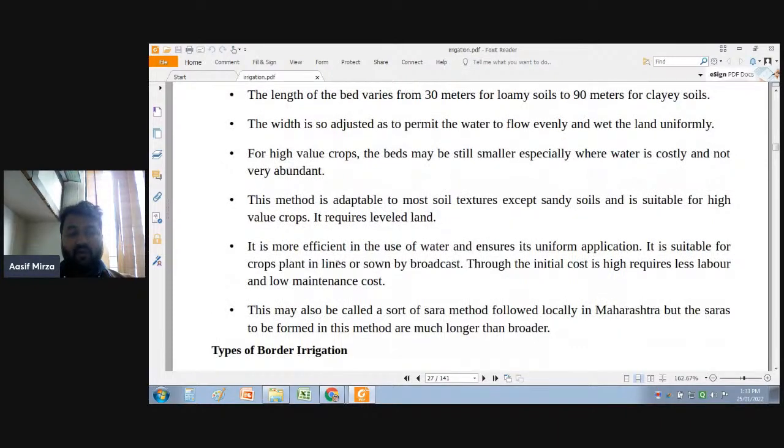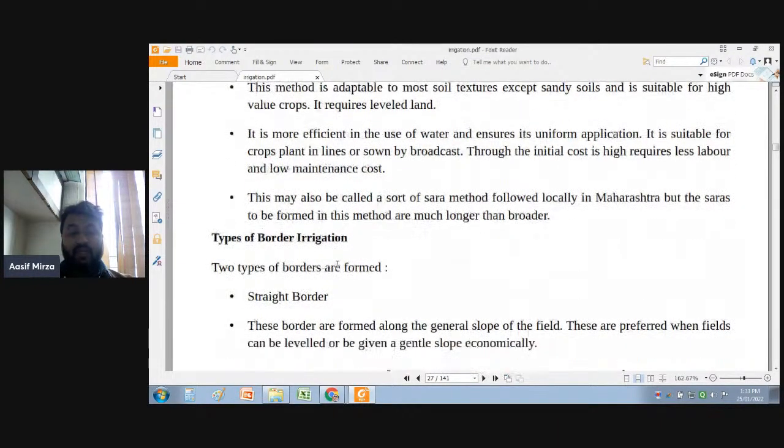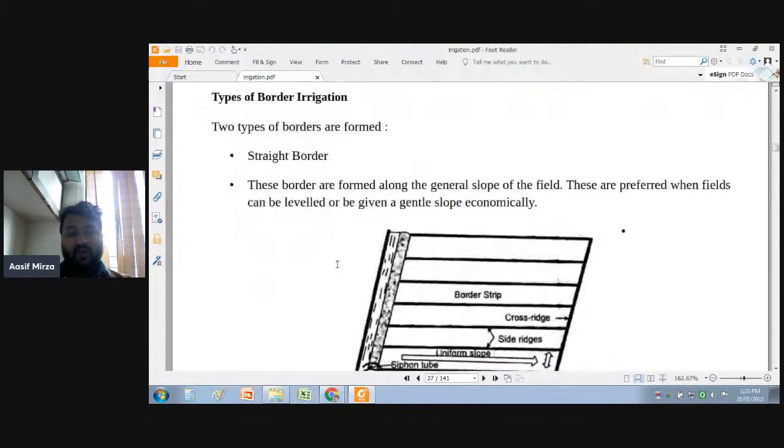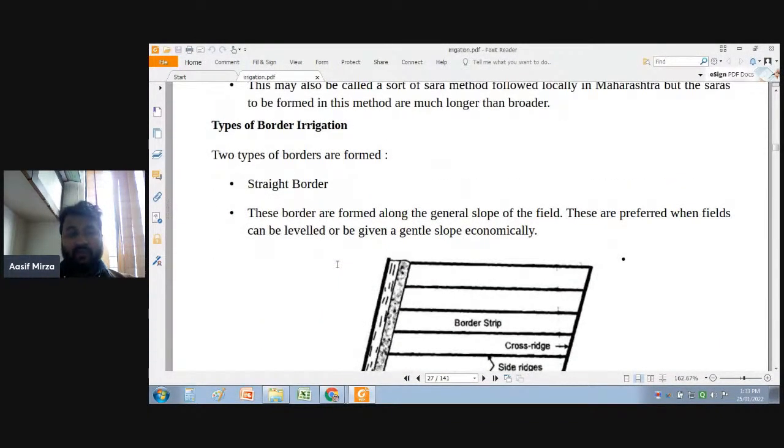Now, the types of border irrigation again have two methods. The first one is the straight border and another one is the contour border. In the straight border, these borders are formed along the general slope of the field. These are preferred when the field can be leveled or given a gentle slope economically.